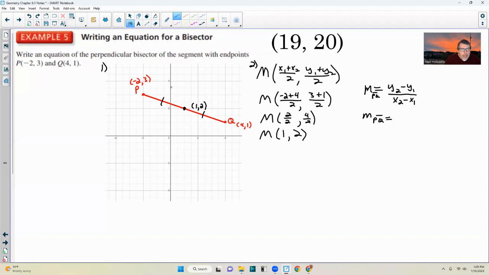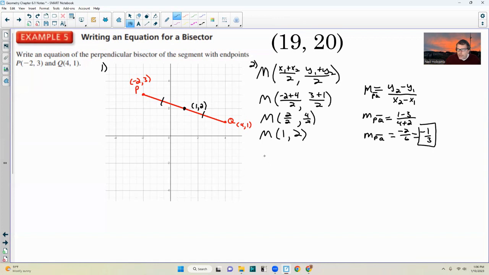Y2, 1 minus 3 divided by 4 minus a -2, which is 4 plus 2. So the slope of segment PQ equals -2 over 6, which equals -1/3. So this is the slope of PQ. Down 1 over 1, 2, 3. Well, if you don't remember, the slope of a perpendicular is the negative reciprocal.